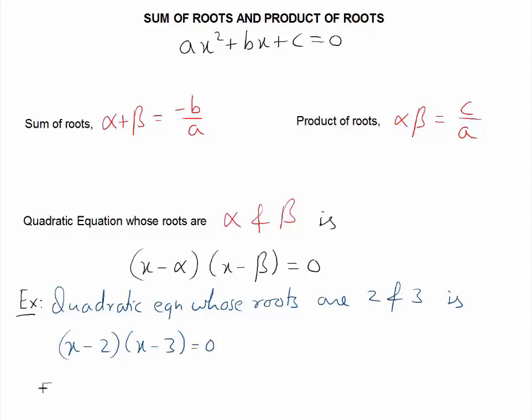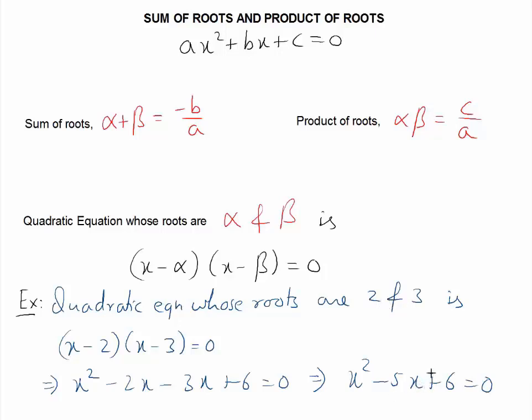So this implies x square minus 2x minus 3x plus 6 equals 0. So this implies x square minus 5x plus 6 equals 0, which is the required quadratic equation. Now if you solve this quadratic equation, you will see that 2 and 3 are actually the roots of this equation.